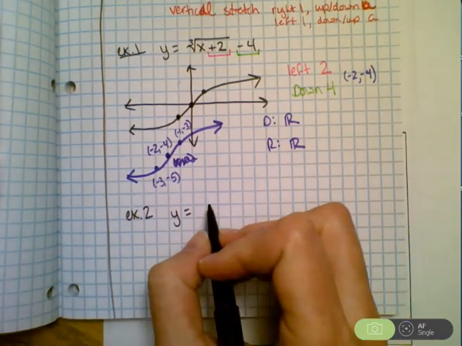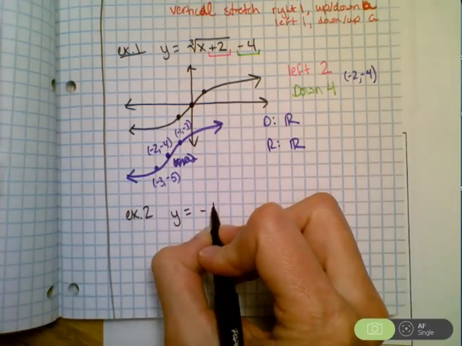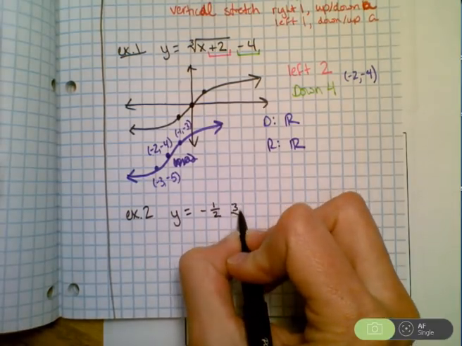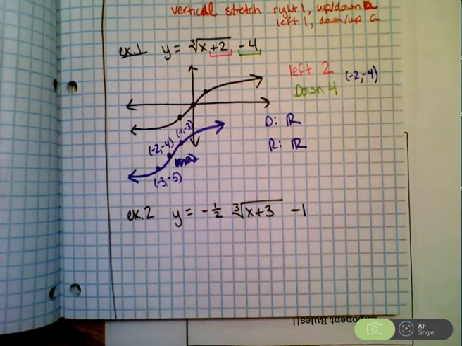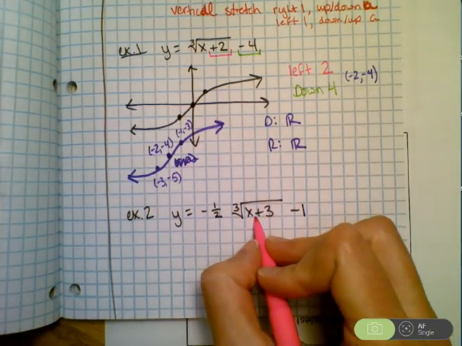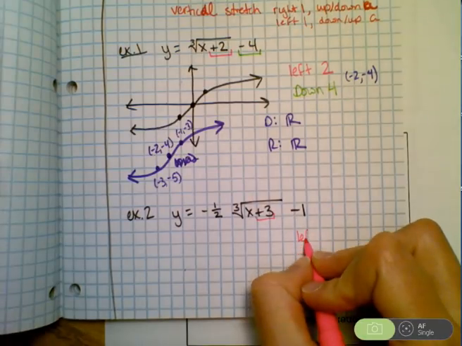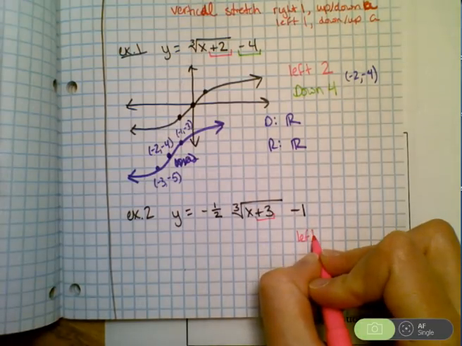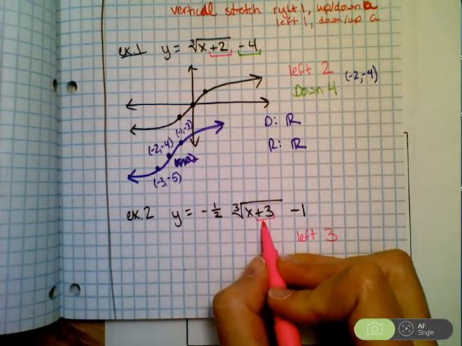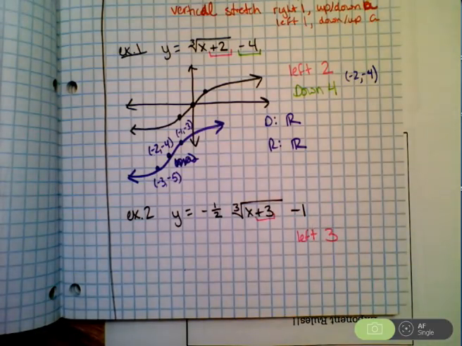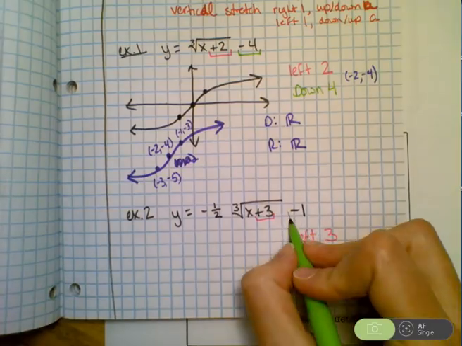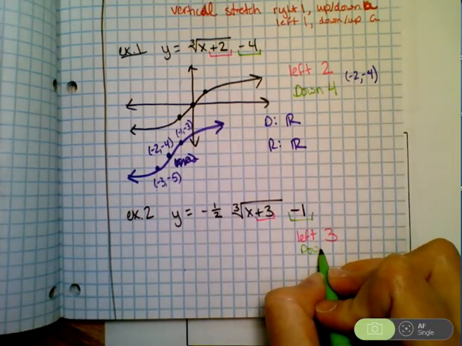Y equals negative 1/2 cube root of x plus 3 minus 1. So again, we break that down. We start with this. This tells us we have to go left 3. X is lie, so if it's plus, I go left. That minus 1 tells me that, again, I'm going to go down. This time I'm going to go down 1.